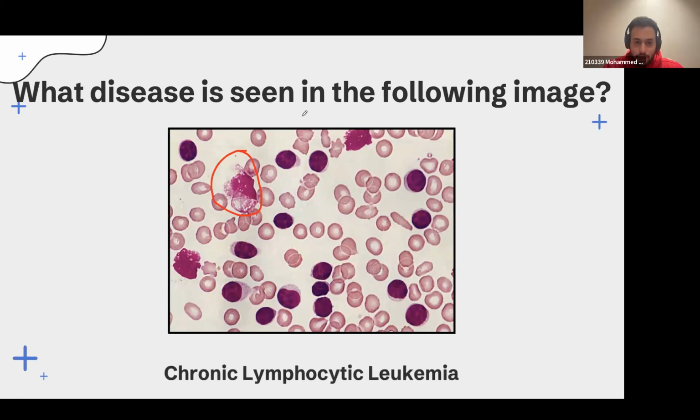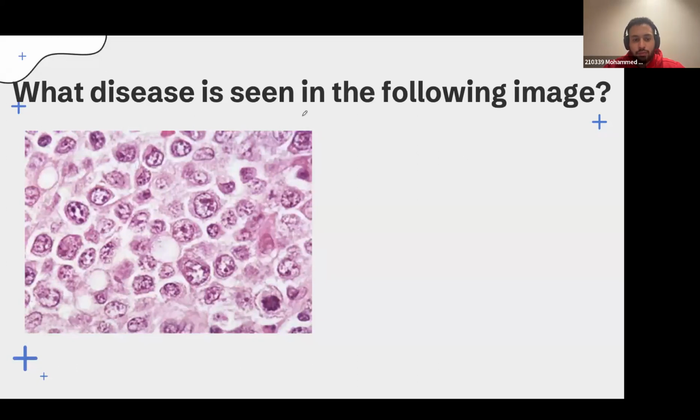Now, what disease is this? Diffuse large B cell. Good. Okay. This is the worst prognosis, worst one out of all the B cells. Okay. It's literally the worst one. Okay. To have worst prognosis.